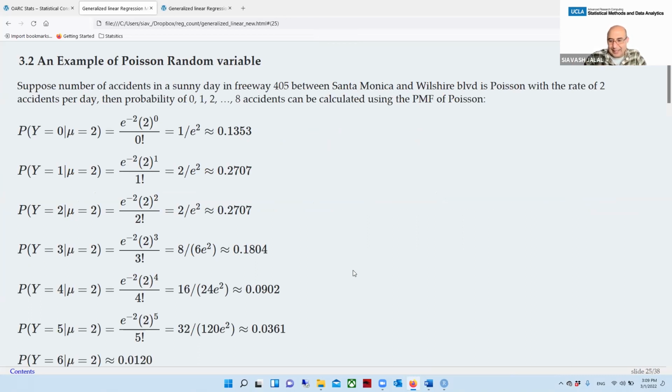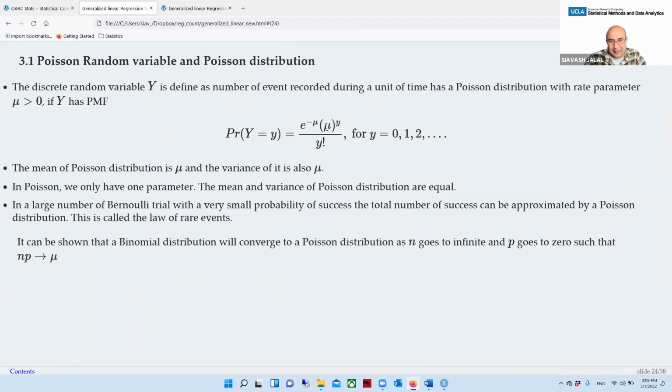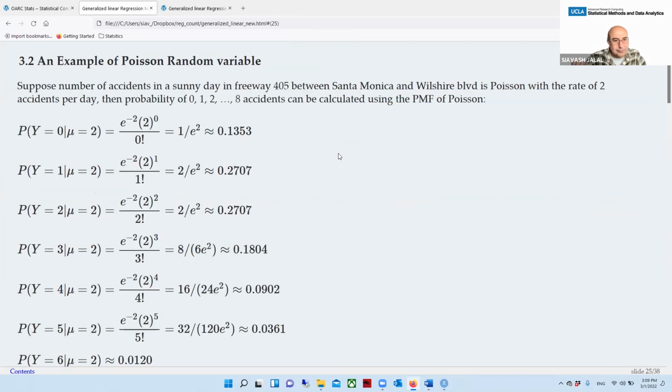As you see in the Poisson, I had only one parameter, mu. And here is e to the minus mu, mu to the y, over y factorial. One very simple example of Poisson that I made up is the number of accidents per day on Freeway 405 between Santa Monica and Wilshire Boulevard on a sunny day.